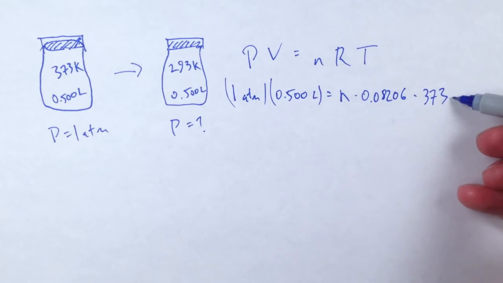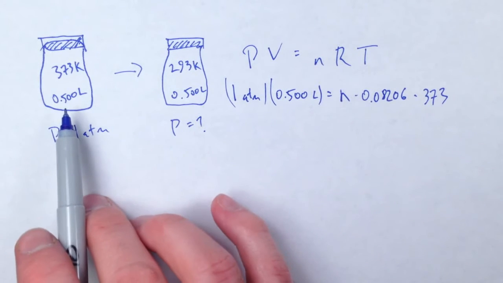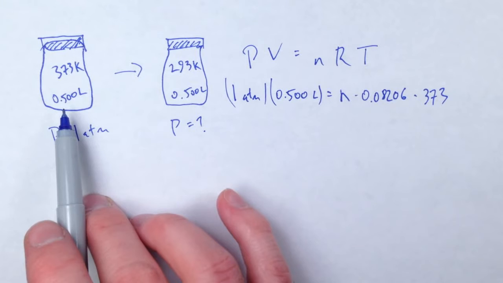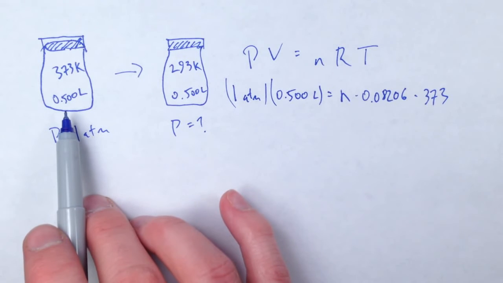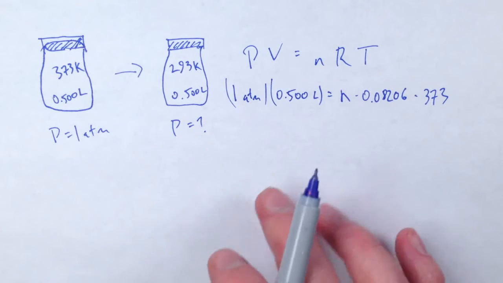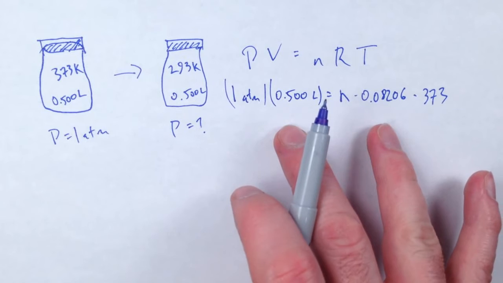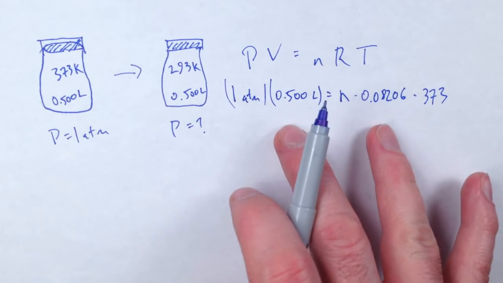This is going to be a container whose volume can't change, and also the number of moles inside can't change. So I've got a PV equals nRT for before, but now I've got a PV equals nRT for afterwards.